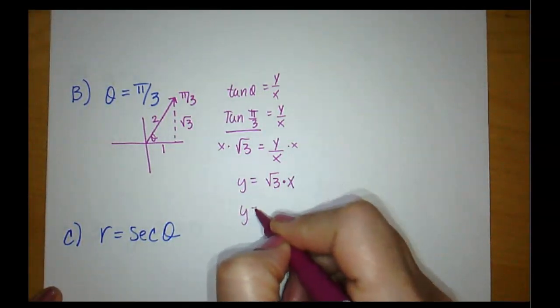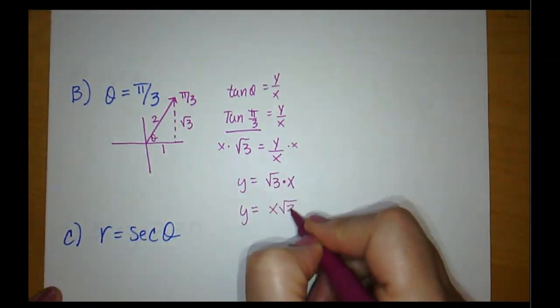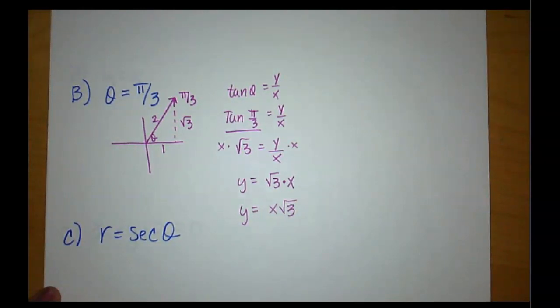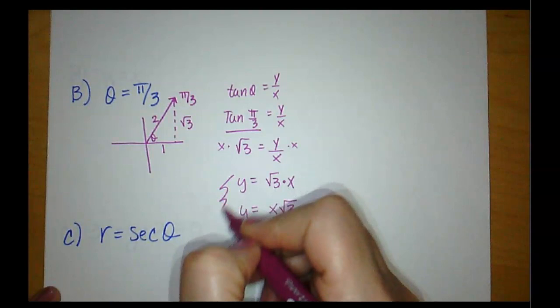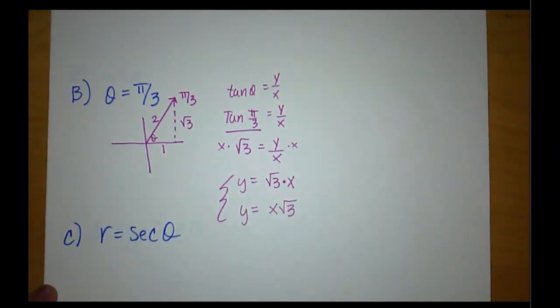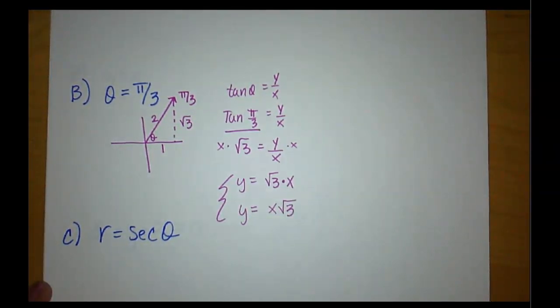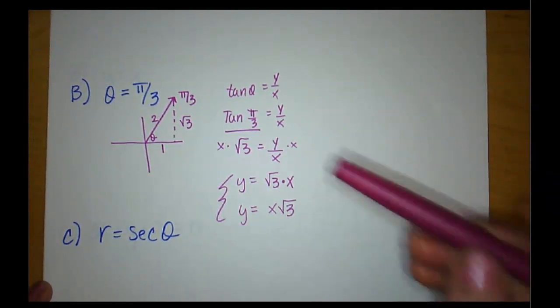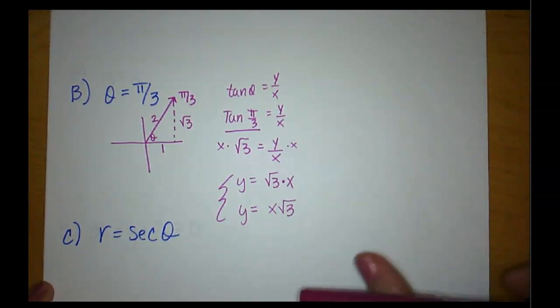However, oftentimes we see folks do this just because you're less likely to get the x under the radical that way. I personally would take it either way, and either one of these is going to work for me. All right, so you get an idea that you've got this linear line that's going through the origin, and it's going to have a slope roughly the value of that.